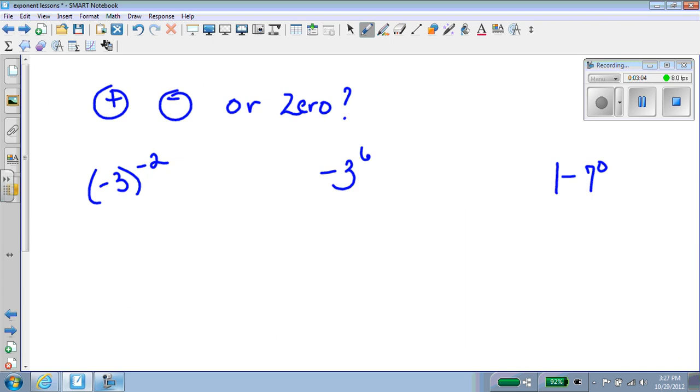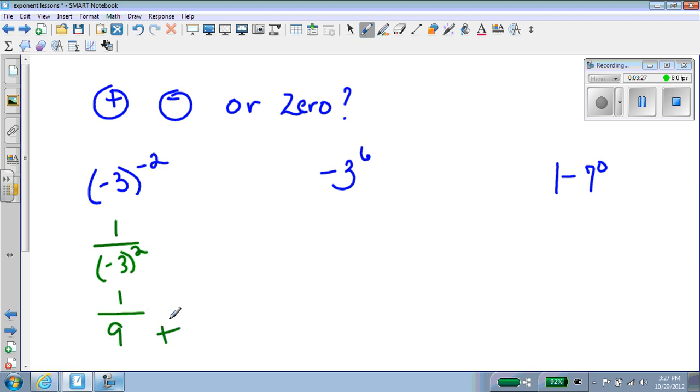So let's look at some problems. The question is, will this answer be positive, negative, or 0? Well, negative 3 to the negative 2nd power would be 1 over negative 3 to the 2nd power, which would be 1 over negative 3 times negative 3, 9.